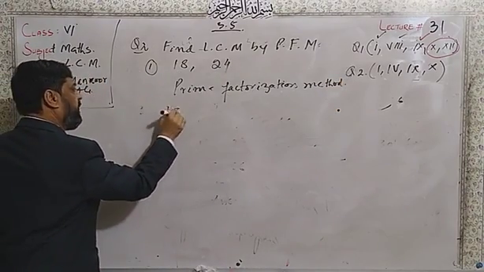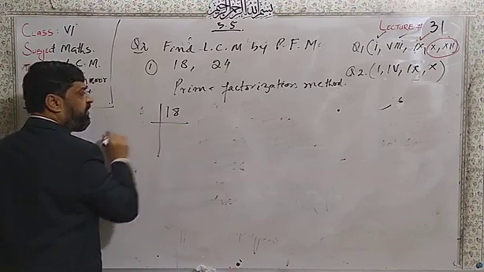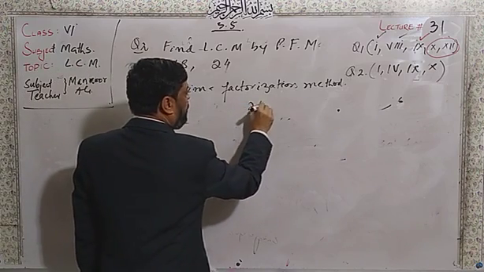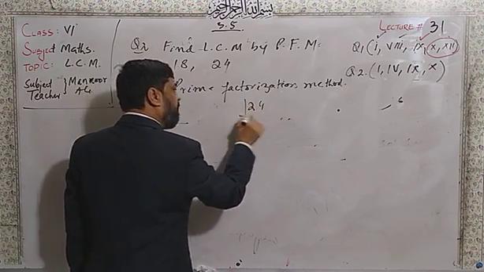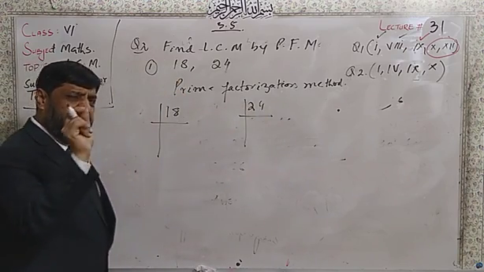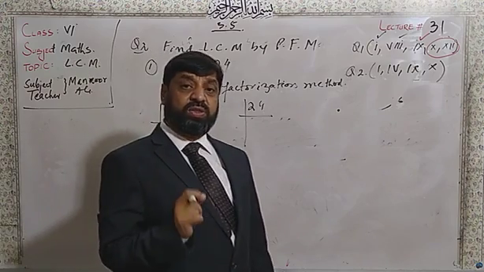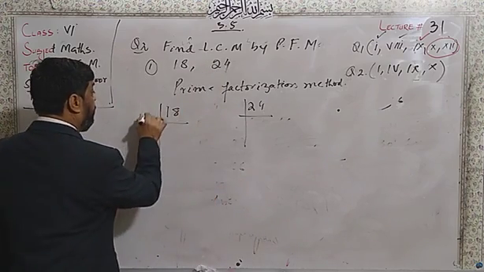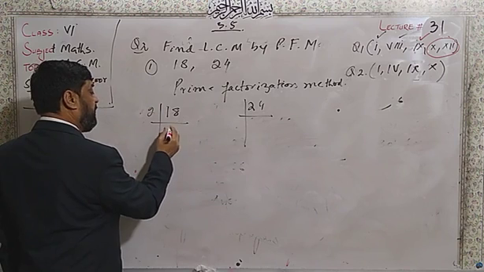Now here, first of all 18, then their prime factors, and 24, then their prime factors. We start with the least prime factor, that is 2, if it is possible. 2 on 18, 9 times.